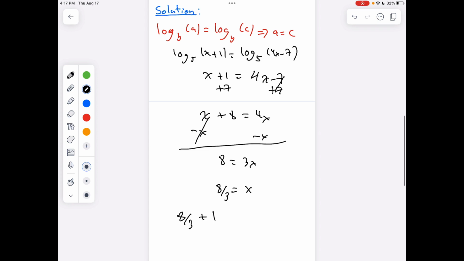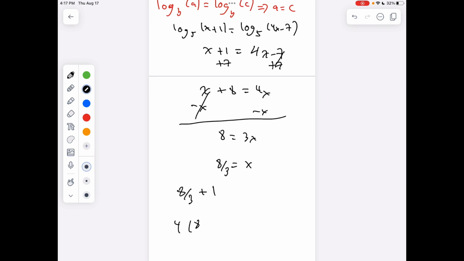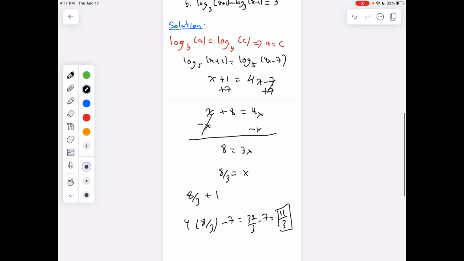And then the 4x minus 7, when we plug in the 8/3 there, that's like 32/3 minus 7. That is going to be like 11/3. Okay, that's positive. So that's what you need to do: you want to make sure that whatever answer you get keeps the insides of the logs positive.